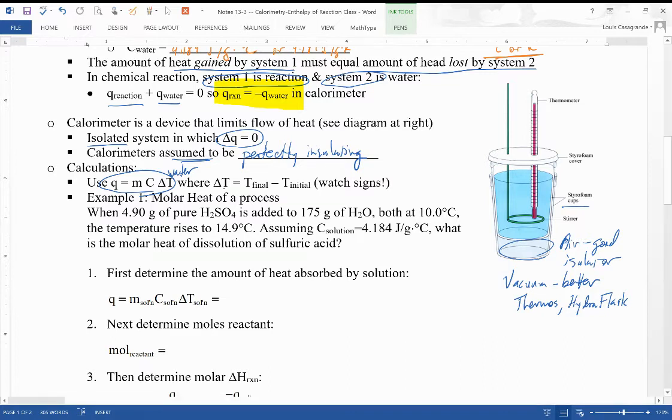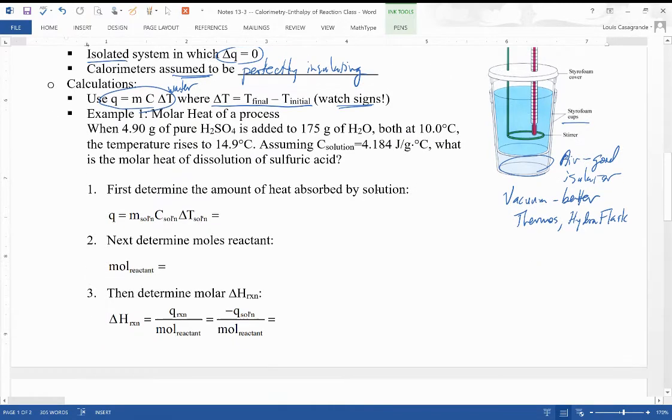And we're also going to have a delta T in which we have a final minus an initial temperature. And now, unlike before, we are going to pay attention to the sign of the delta T of the water, because if we don't pay attention to the sign, we might get our exothermic and endothermic mixed up when we go to calculate the delta H of the process.